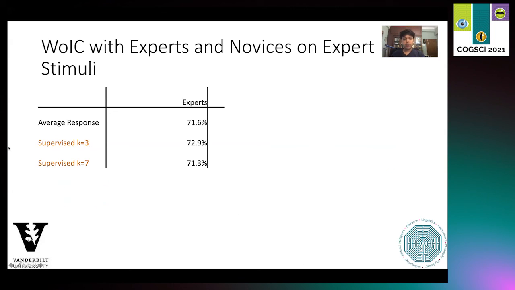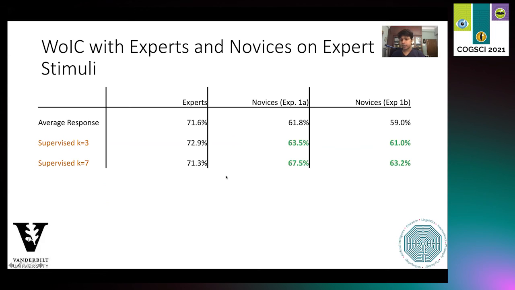We notice that now with experts, it doesn't work. Now, this could have been because the experts were only using hard images. So we restricted novices to expert images and checked it once again. And we notice that it works for the novice decisions restricted to the same set as experts.